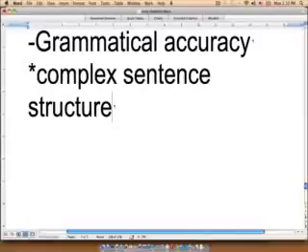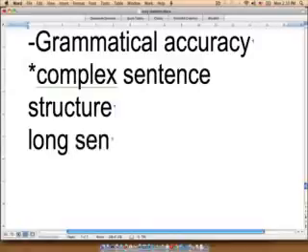That's incorrect. The second assumption that a lot of students make is that complex sentence structure simply means a long sentence. I'll just type it out in case you can't understand my pronunciation. Long sentence. And that is also incorrect. Complex sentence structure does not just mean you have to be writing in long sentences to score well.